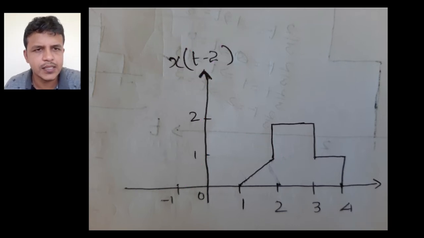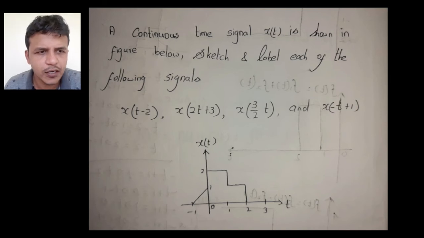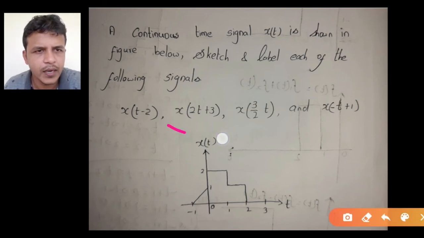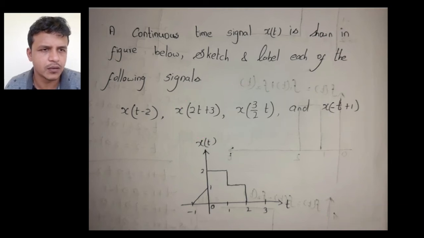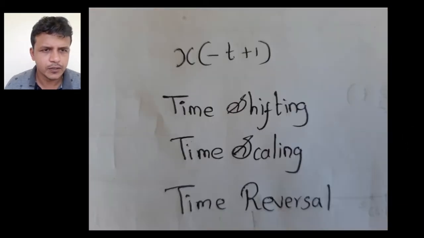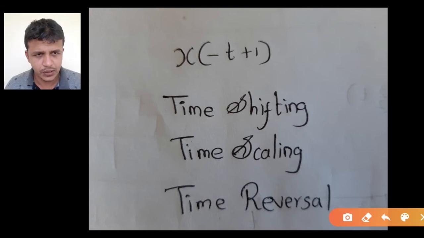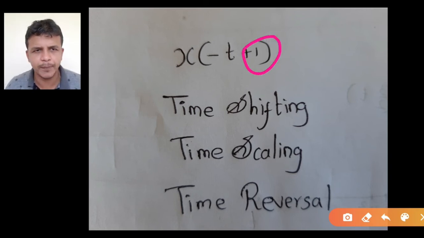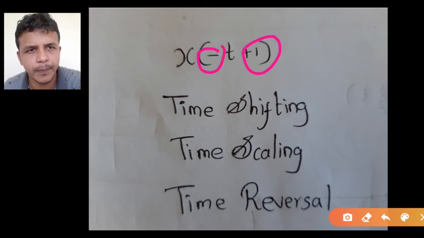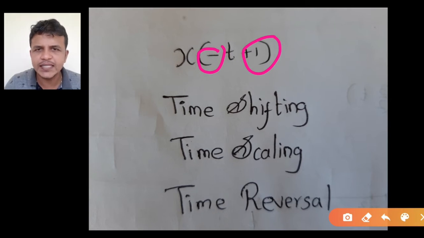Next, instead of discussing x of 2t plus 3 and x of 3 by 2 into t, we shall do x of minus t plus 1. Here there are two operations involved: time shifting and time reversal, because t takes a negative sign.